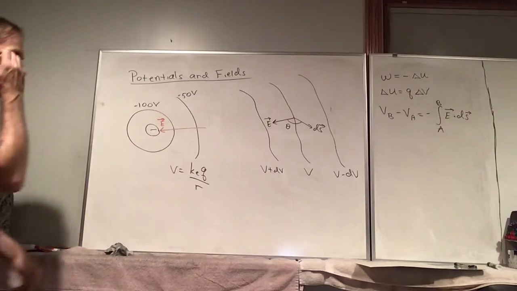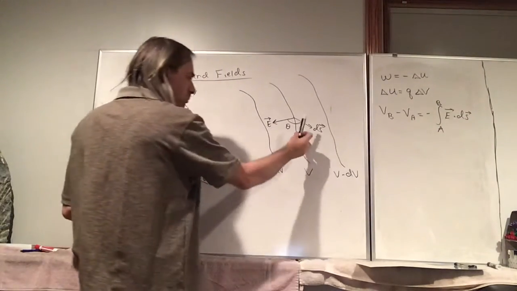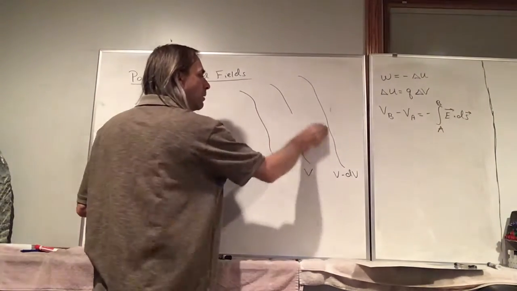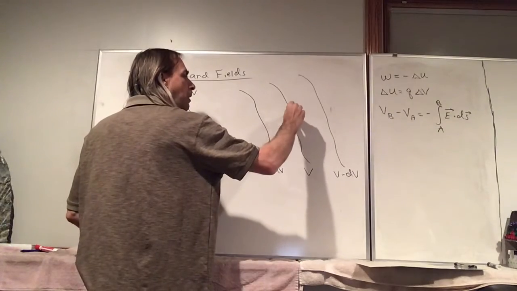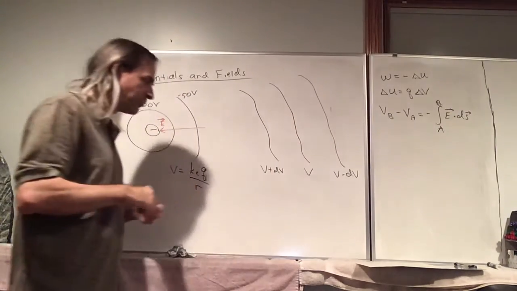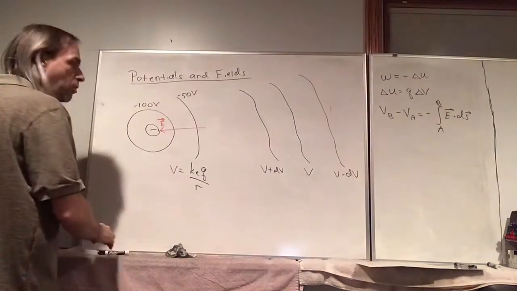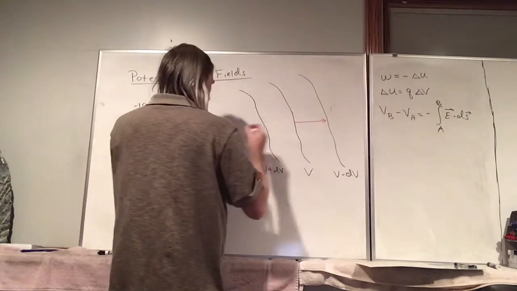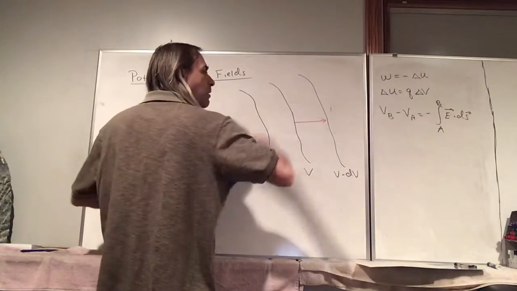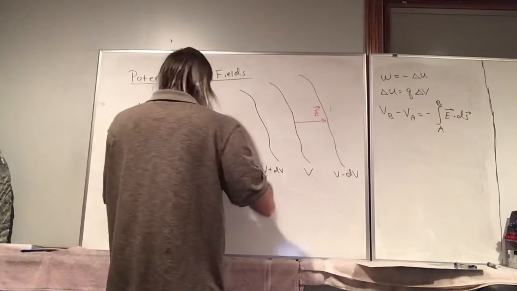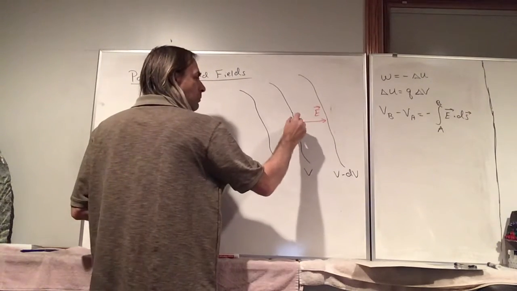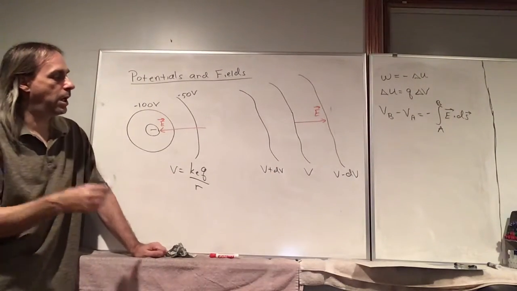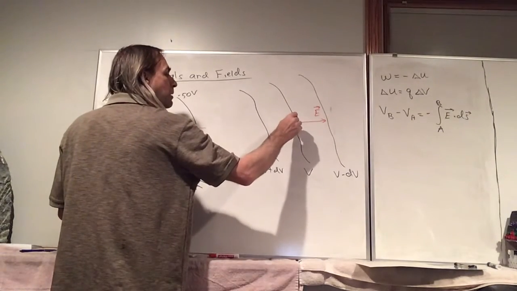So I want to draw this picture accurately. I've got to get the electric field in the right direction, first off. So it should go from high to low. So our electric field would actually look like this, pointing in this direction. And let's consider a displacement. Let's see, which way do I want the displacement to go?